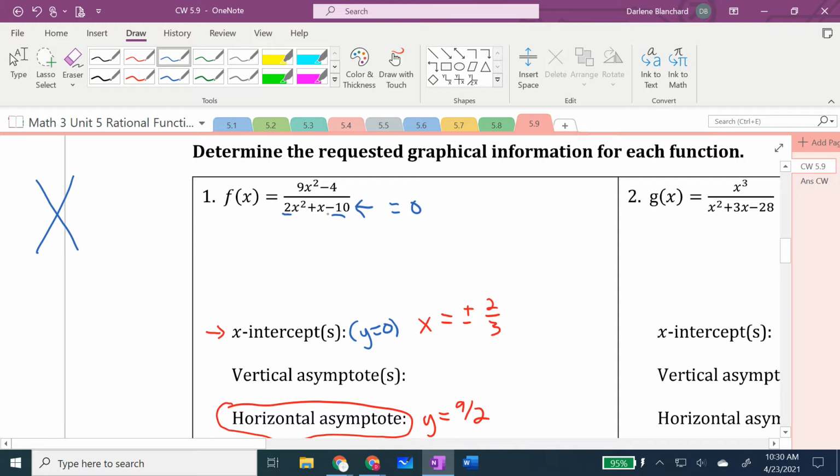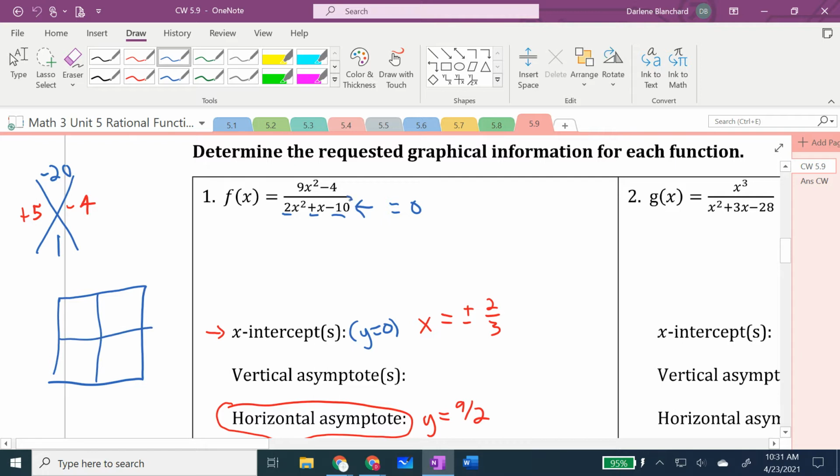I'm looking at a times c, which is negative 20. The b number is a positive 1. I need two numbers that multiply to make negative 20 and add to make 1. And those numbers would be a positive 5 and a negative 4. So that tells me how to split up the x term.